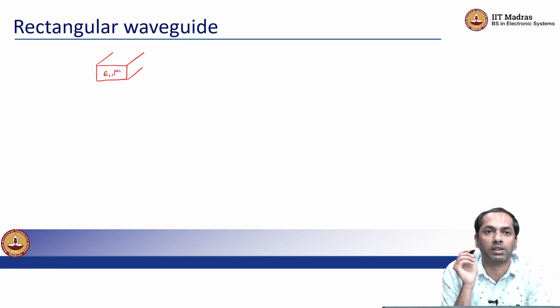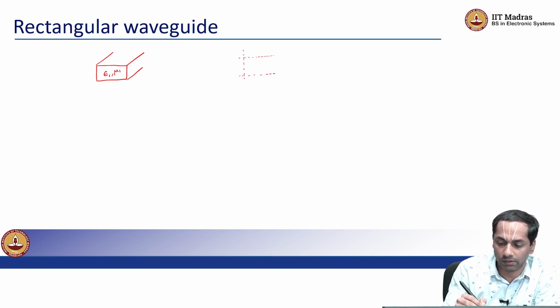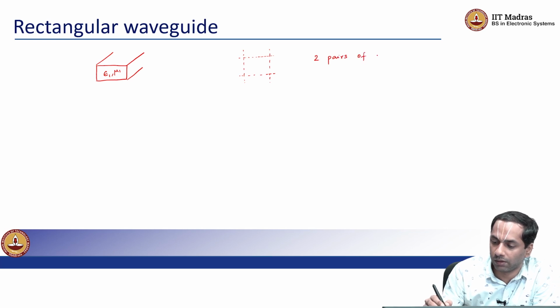So in this case, you can picture the rectangular waveguide as essentially two pairs of parallel plate waveguide.